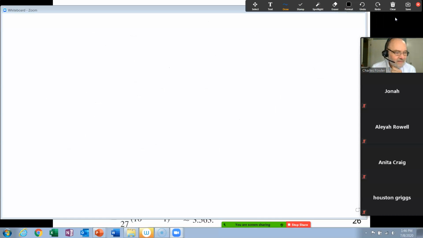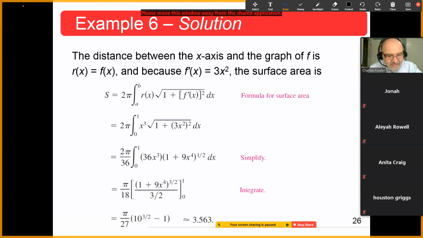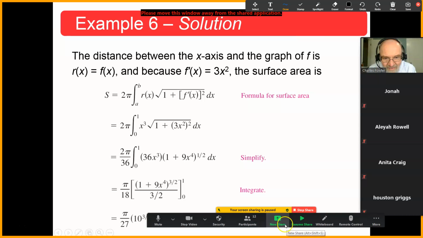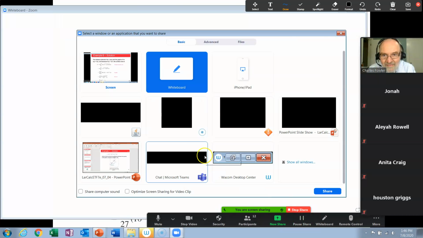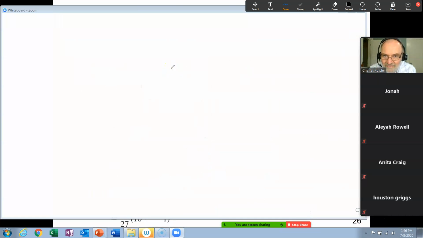Okay. Now, the area of a surface of revolution. Find the area of a surface formed by revolving the graph of f of x. We were there.